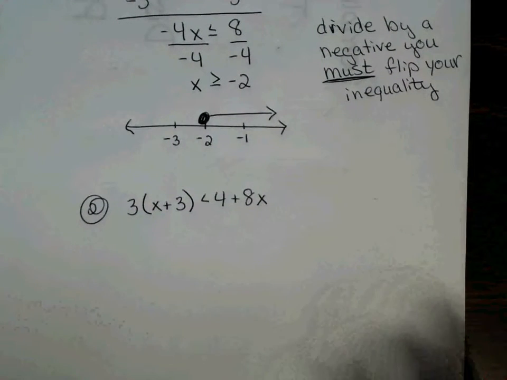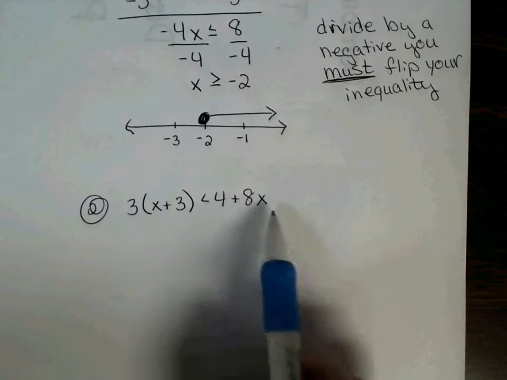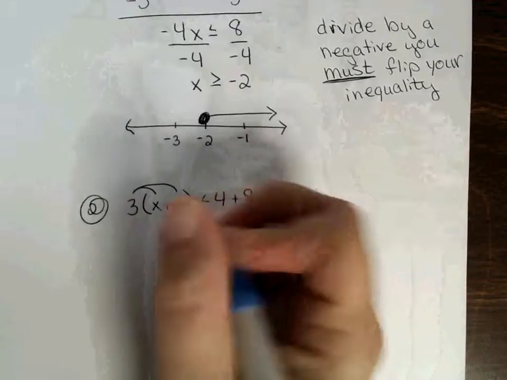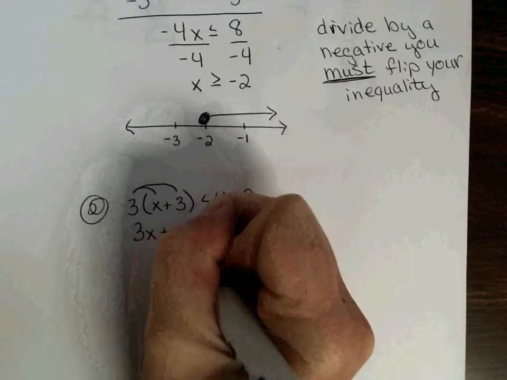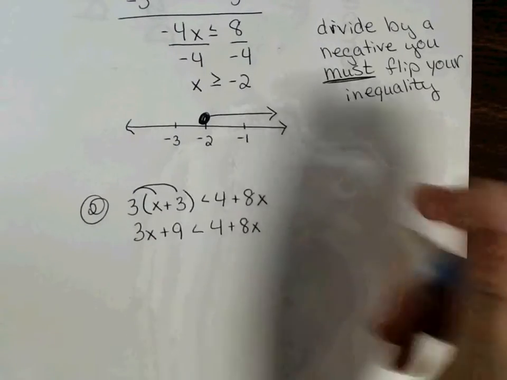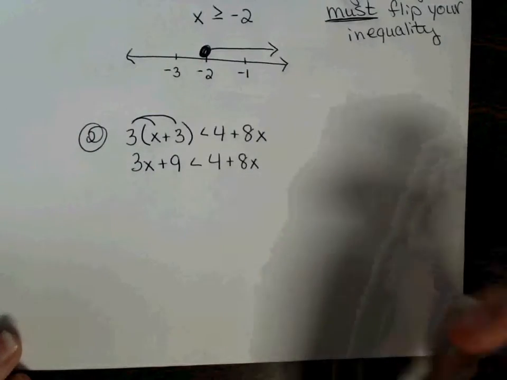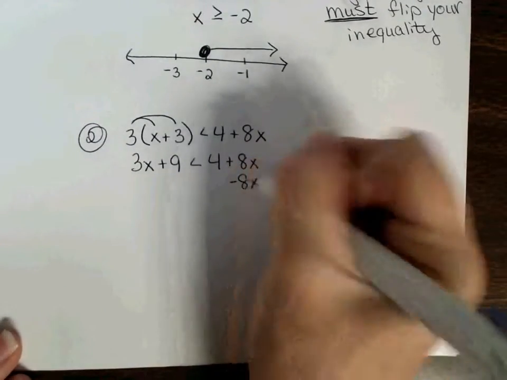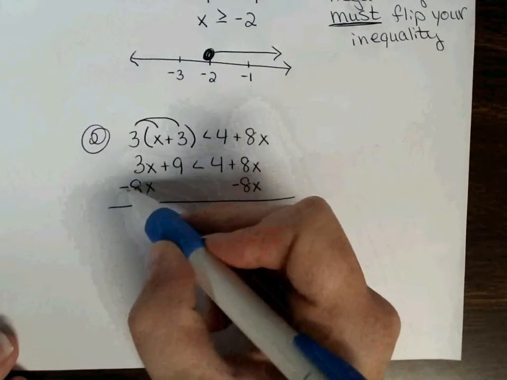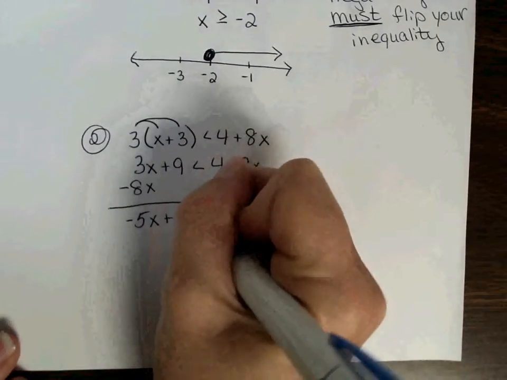So now we have 3 times the quantity x plus 3 is less than 4 plus 8x. The first thing I have to do is distribute. Then I'm going to subtract 8x. 3x minus 8x is negative 5x.